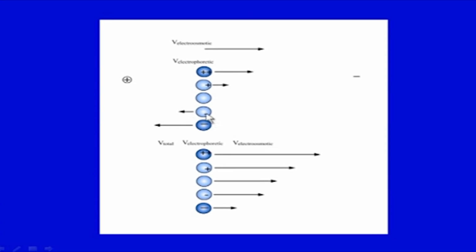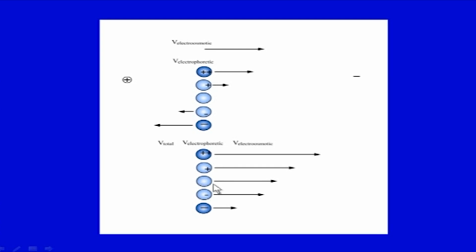Then negatively charged species, though they will experience electroosmotic flow, will tend to move towards the other side, that is, towards the anode, depending on how much charge they carry. So, what is the net flow here? The positively charged species in electroosmotic flow will move at the highest rate, followed by another positively charged species that carries less positive charge.